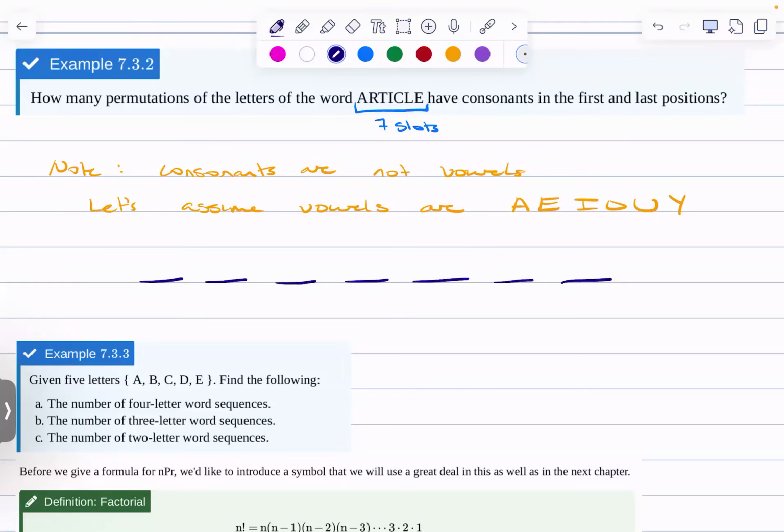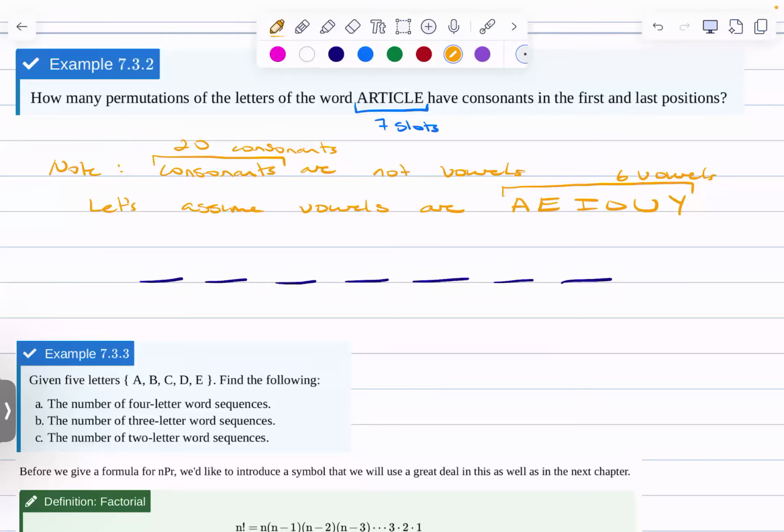Now, if there are 26 letters, and 1, 2, 3, 4, 5, 6 of them are vowels, 6 vowels, then we have 20 consonants, in general.